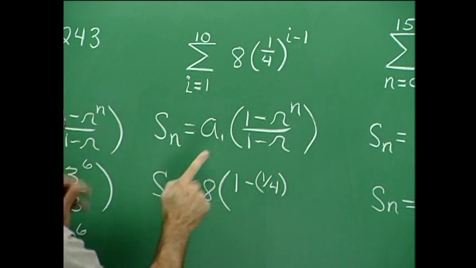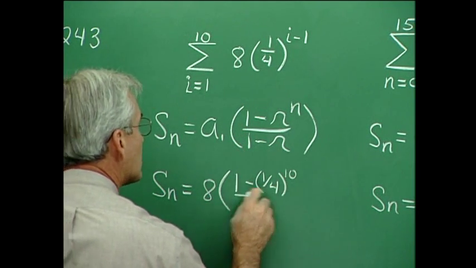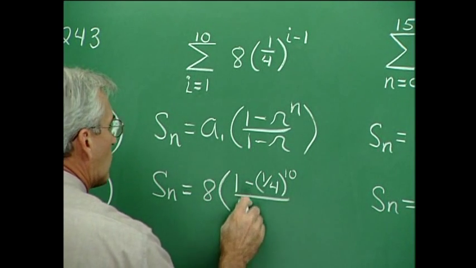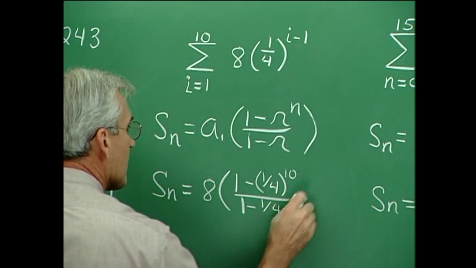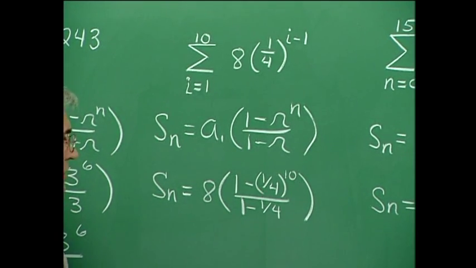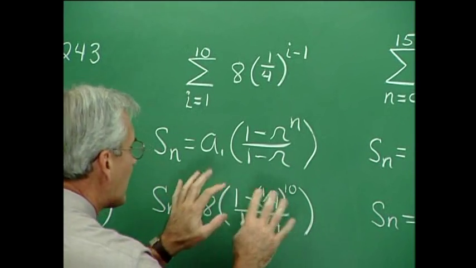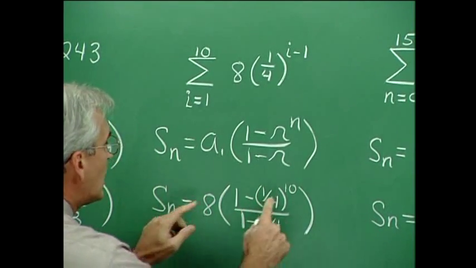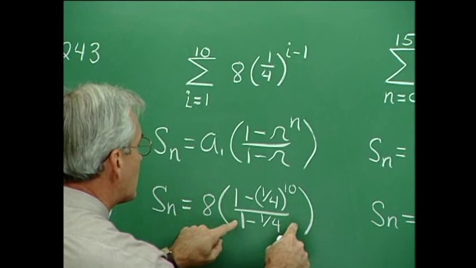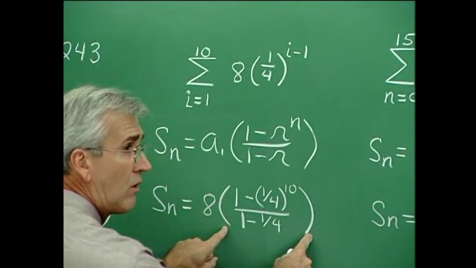Now, how many items do we have? Well, we're going from 1 to 10, so we have 10 items. And this is all over 1 minus 1/4. And now I think it's a matter of punching the calculator. Just be careful when using the calculator here to have enough parentheses involved to contain this numerator and this denominator separately, and you need parentheses for the overall fraction as well.